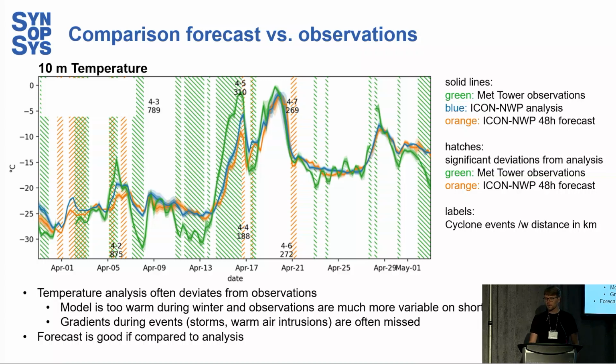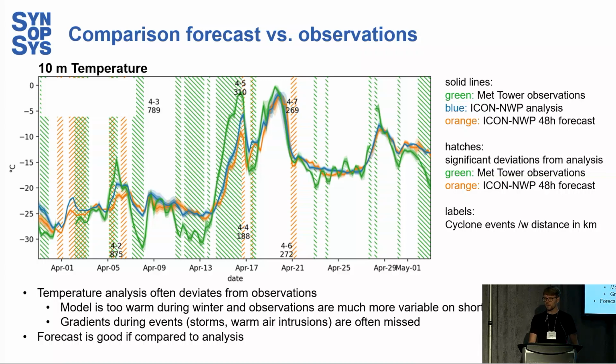Then we have the warm air intrusion. It was forecasted, maybe the first one was forecasted too weak and too late. The second one was quite good, which is maybe a bit surprising. And then we have the summertime where, except for the variability, you see that around the 25th of April the observations again start to wiggle, but the model does not. Then it becomes better.